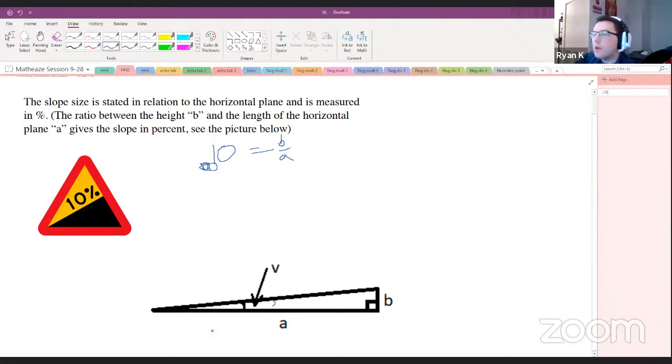And then what you could use is tangent, because that's the opposite over adjacent. Does that sound familiar? To get an angle, you have tangent of your opposite over your adjacent would give you some, we'll say that that's V in degrees.